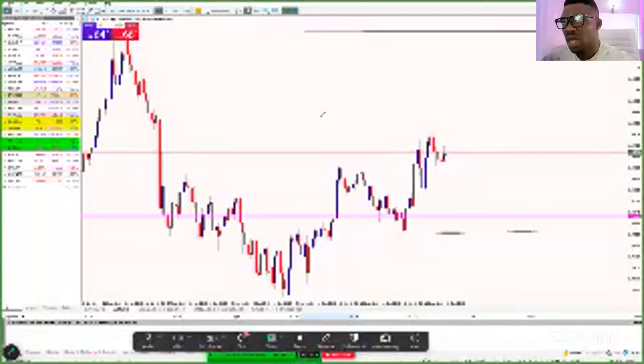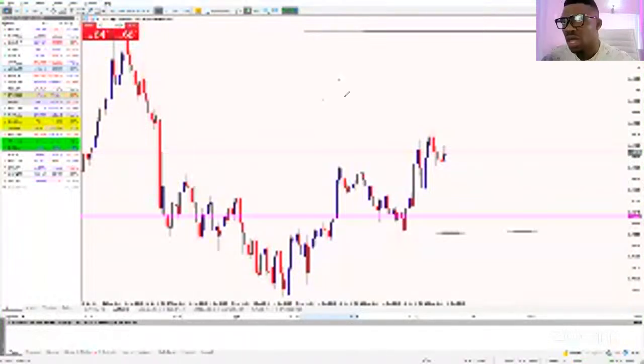One standard lot times $10 cost of a pip times 50 pips. I beg your pardon, it's not $50. That's the calculation. I'm so sorry, guys, I think I said something else. This will give us $500. This is the exact calculation.